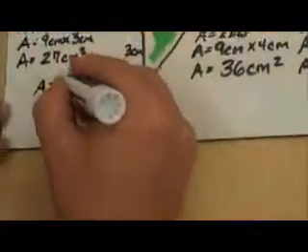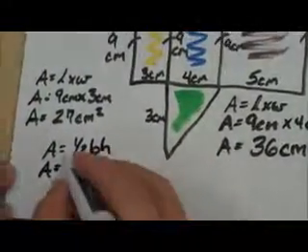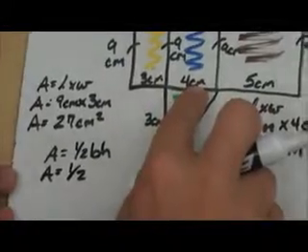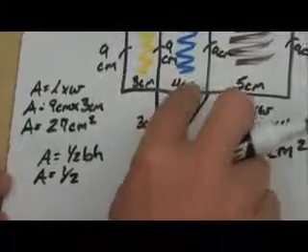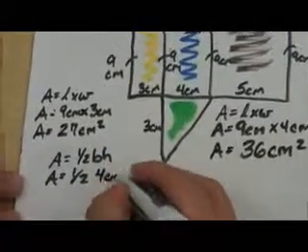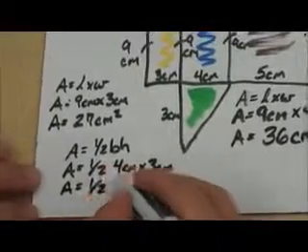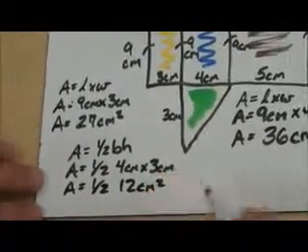A triangle is 1/2 the base times the height. So if I have 1/2, I see I have a base and a height. I've got 2 things here depending on how you're looking at it. I have 4 centimeters times 3 centimeters, and that's going to give me 1/2 of 12 centimeters squared.